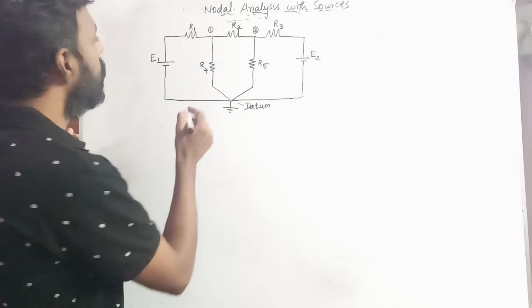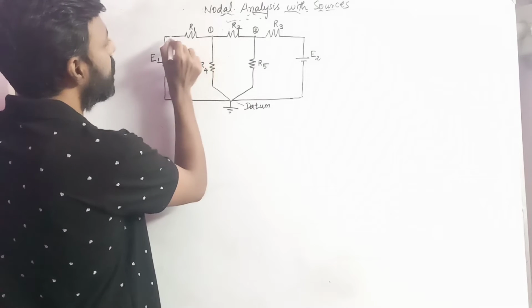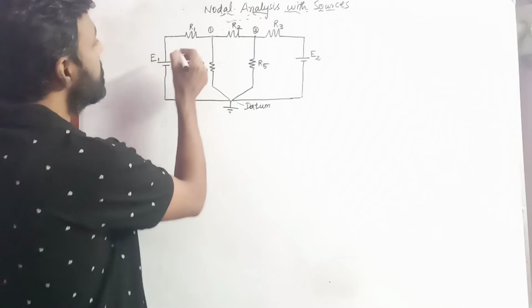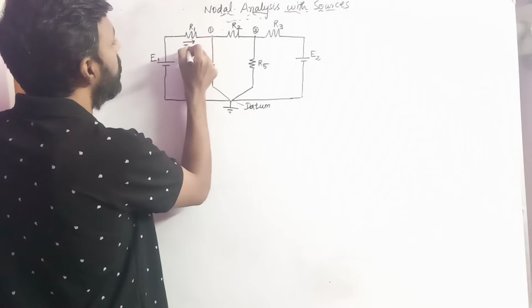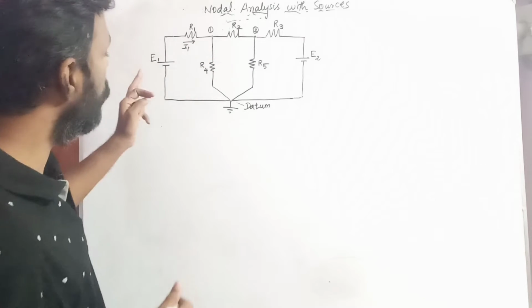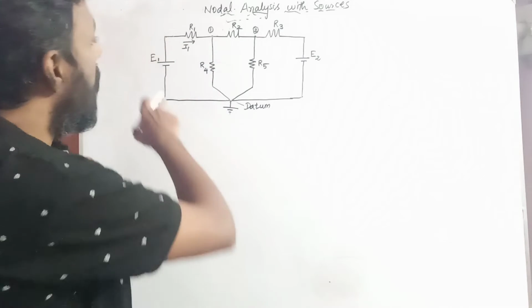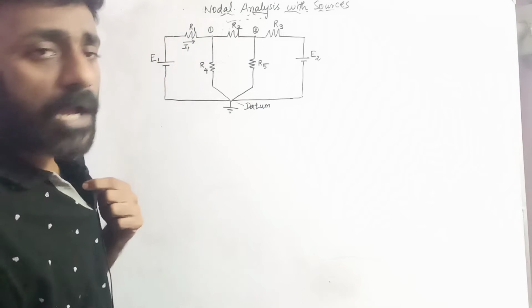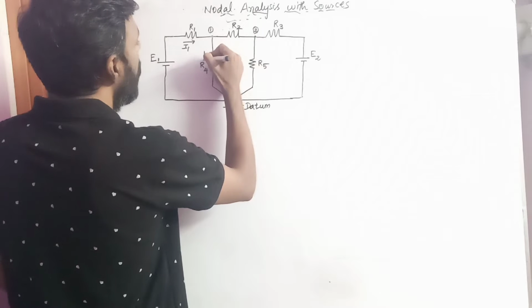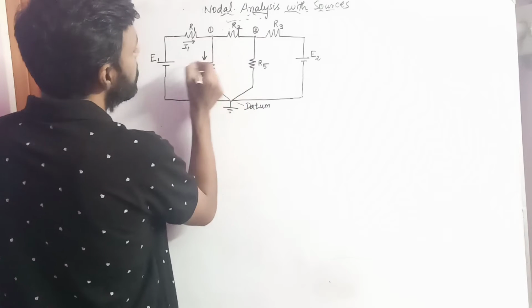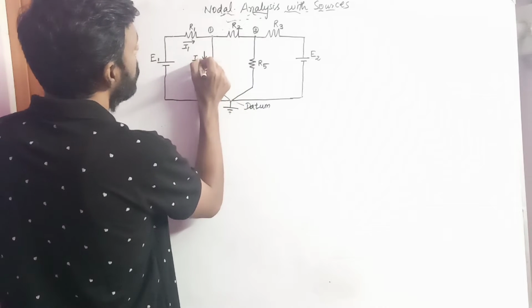When it is connected, a current flows through R1. Let us assume that the current is I1, flowing from the positive terminal of E1 through the resistor R1. Here let us assume a current I4 flows through the resistor R4. This is I4.